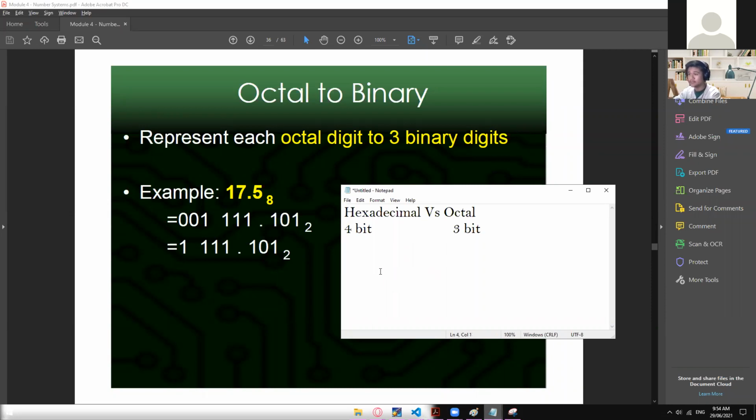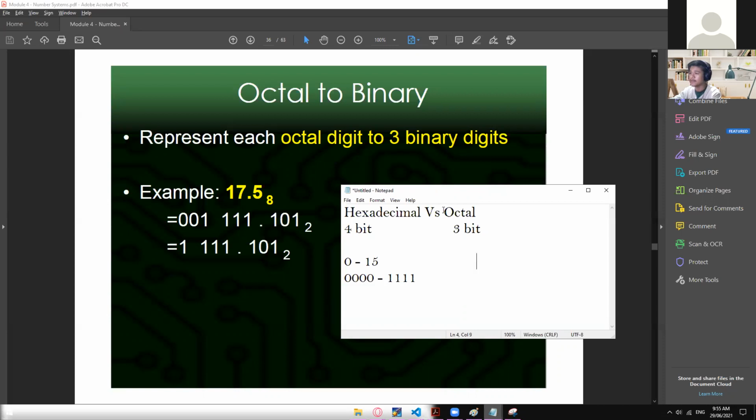Why? That's because in hexadecimal you need 4 bits to be able to form the whole set of 0 to 15. So this 0 right here is represented by 0000, and then going to 15, you need 1111. So as you can see, you need 4 bits for that.